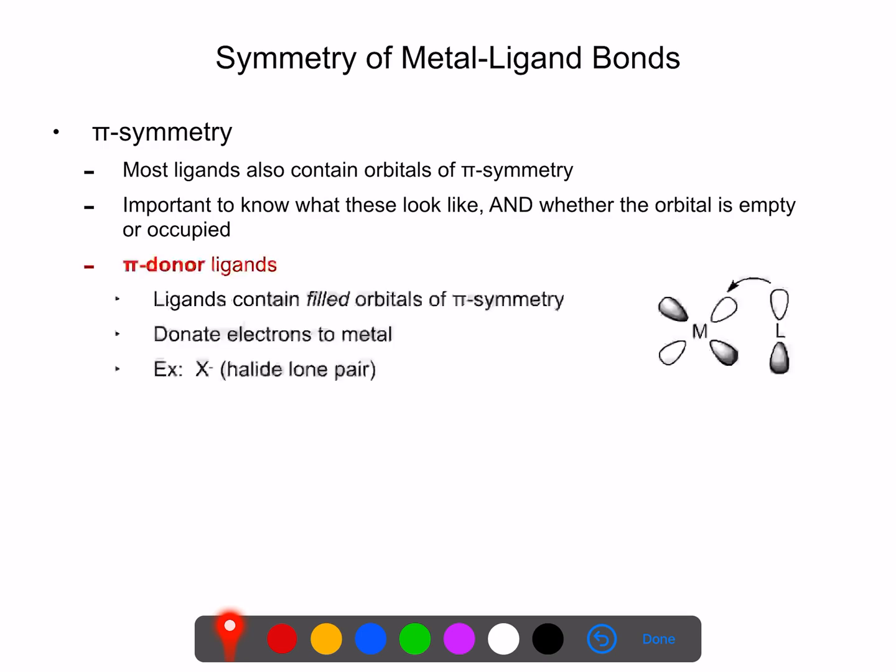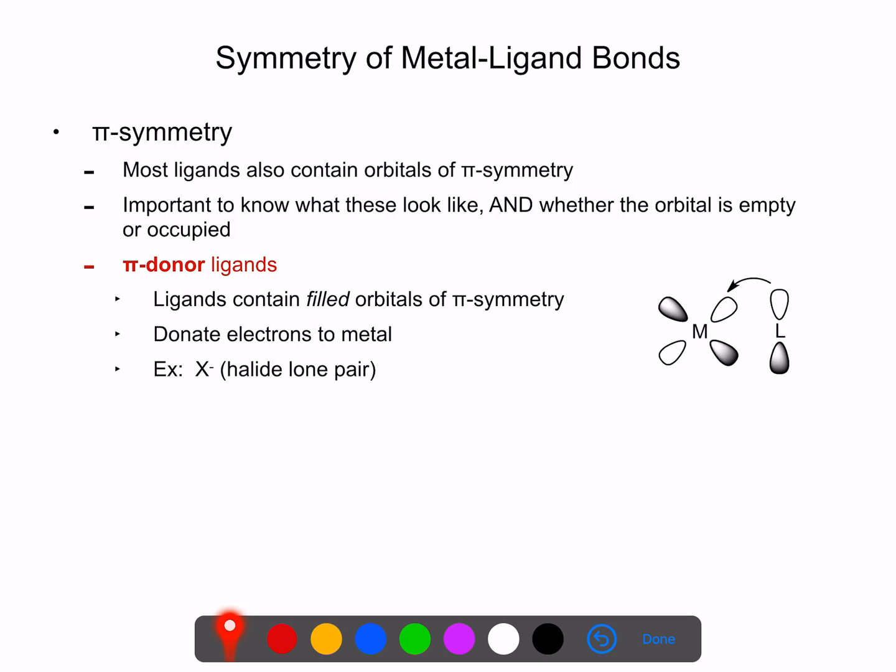For example, we can have what we refer to as pi donor ligands. So this is forming a pi type bond, and the way we'd predict that we can form a pi donor ligand is if the ligand has electrons in something similar to, in this case, what's shown, a p orbital, and that p orbital can donate electron density into a metal d orbital.